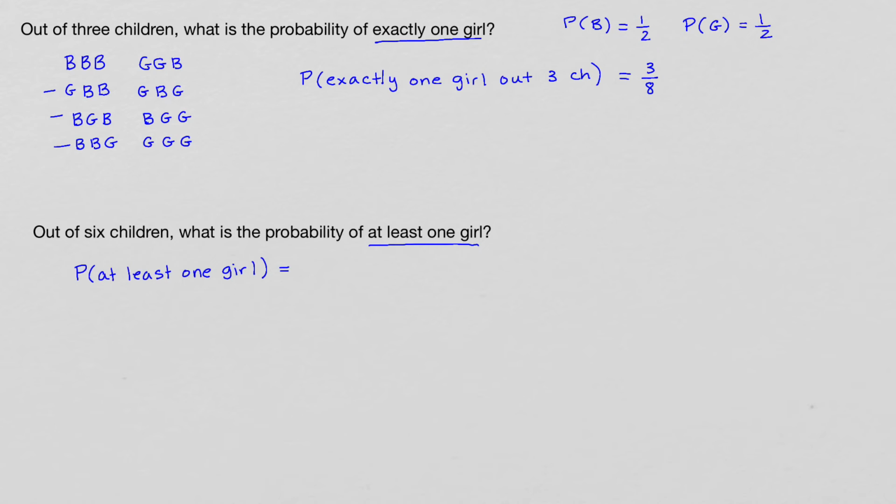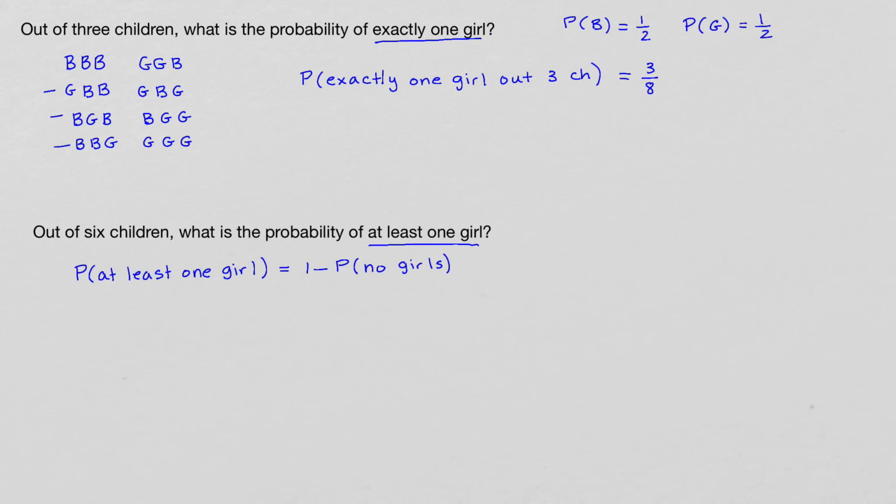But what you can do, whenever it says at least one, use the formula: the probability of getting at least one success is 1 minus the probability of no girls, or no successes.